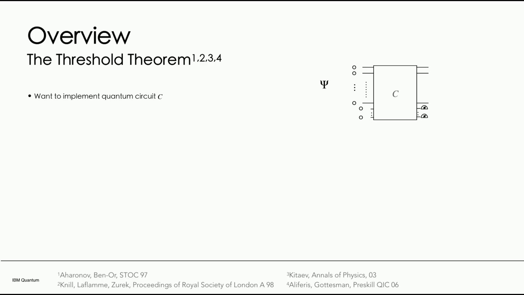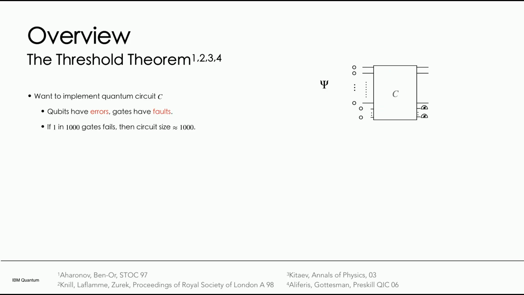And in the most general setting, this circuit can output some quantum state and some classical bit strings that come from measurements. Unfortunately, the output of this circuit, the computation that you want to perform, is unlikely to be reliable directly because the input qubits themselves that are part of this quantum state psi might carry errors, and the gates in the circuit themselves might be faulty.